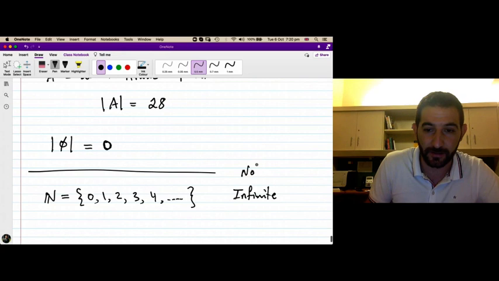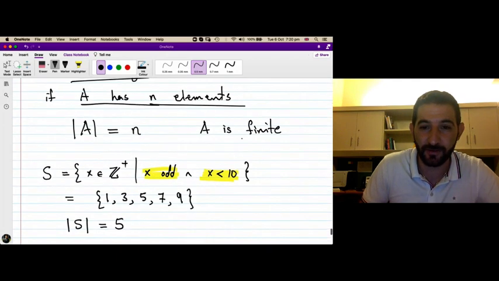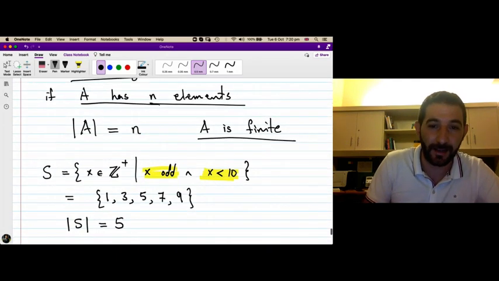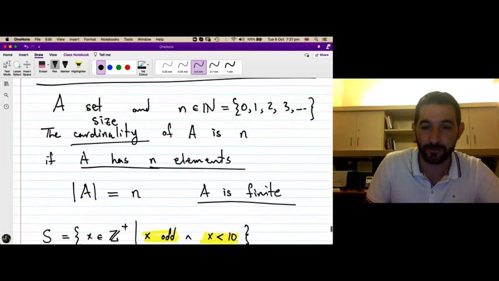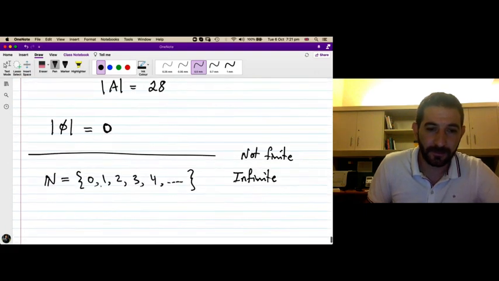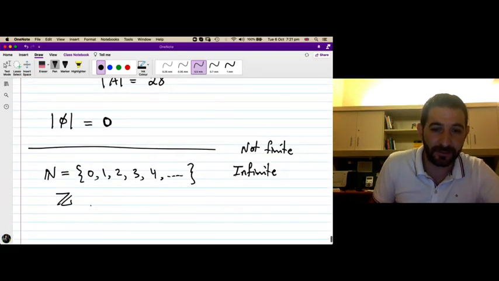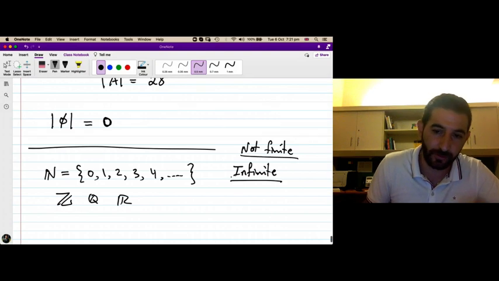Because how did we define finite? We said a set is finite if it contains n elements, where n is a natural number, so a number 0, 1, 2, and so on. Similarly, the set of integers is infinite, the set of real numbers is infinite, the set of rationals too. All of these sets are infinite sets. They are not finite.